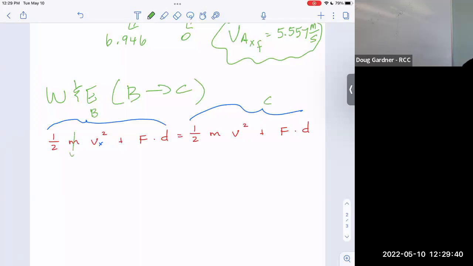Well, I've got a mass. I've got a velocity that we started with. That was 5.557 that we just calculated. I have no distance because I'm on the ground. You agree with that? So I've only got kinetic, motional energy to start with. I have no potential. Now, what am I going to do when I turn this around? I'm going to have no kinetic energy because it reached the top. So it's not moving at all, right? At C, it's not moving at all.